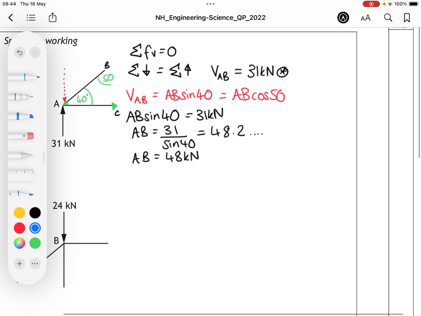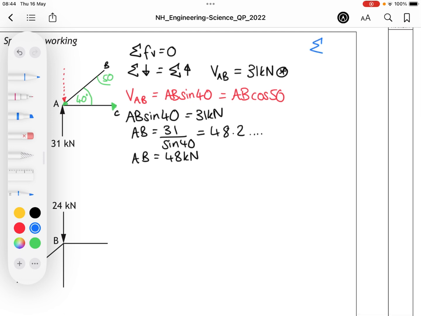To resolve horizontally, I know that the sum of my horizontal forces has to be equal to 0. Therefore, the sum of whatever is acting to the right has to be equal to the sum of whatever is acting to the left. When I do this, I tend to try and make sure that my unknown is on the left-hand side of my equation, just because it helps me with rearranging.